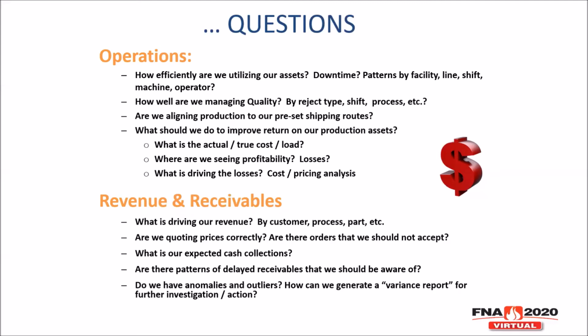And you care a lot about the price per bucket or the price per load. And that could be high or low because of how we're pricing, or it could be high or low because of how we're running the machine. It might vary by line or shift. So there's a set of dimensions here that are going to help you understand why some loads are going through efficiently and some aren't.